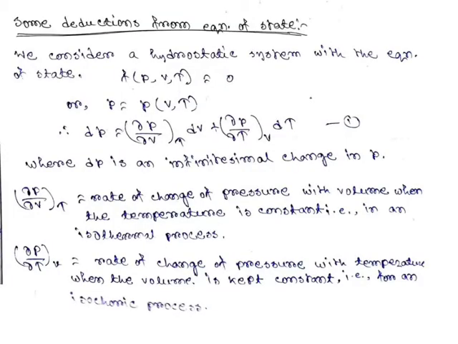Now, using the equation of state for a thermodynamic system, we can deduce expressions for some thermodynamic quantities. The equation of state can be expressed as a function of basic thermodynamic variables, that is, a function of pressure, volume and temperature.